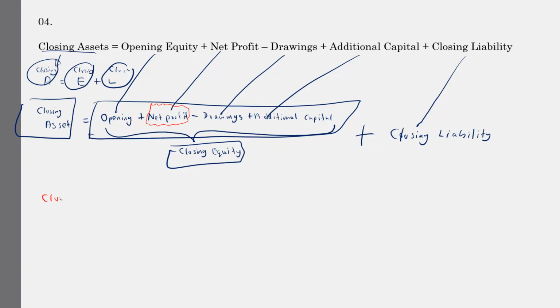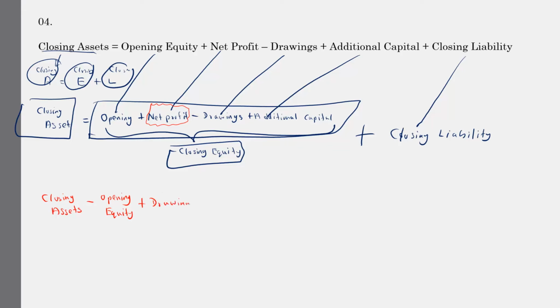So you have the closing assets. I am taking this opening equity to the other side. So this plus opening equity, if you take it to the other side, it will become a minus opening equity or capital, whatever it is. And I am going to find the net profit. If you take the minus drawings to the other side, it will become a plus drawings.